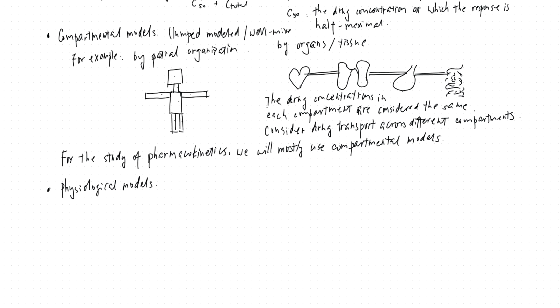Well mixed means within each compartment they assume the solute, like if you take a drug as a solute, the drug is well mixed within the entire solution. So if you think of the entire intestine as an organ, it is a big system, a big solution of stuff. And it's so well mixed that every part of it gets the same concentration.